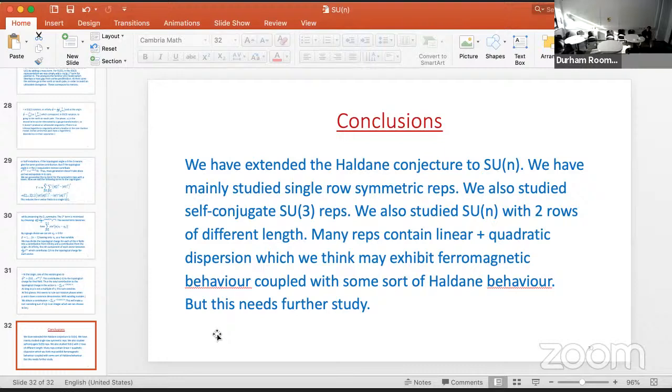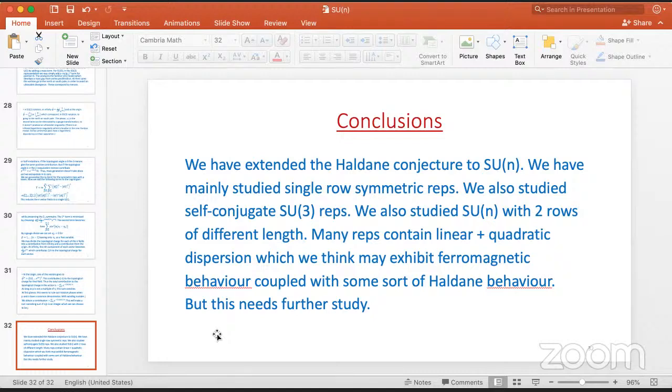You mentioned in the beginning cold atom experiments. Could you say a little more?